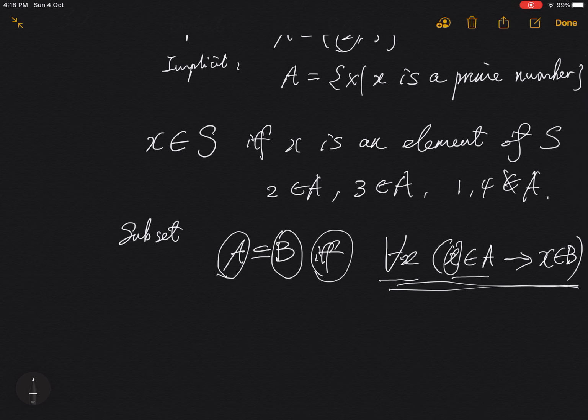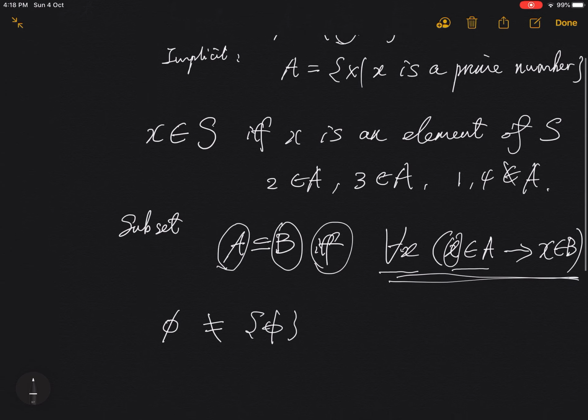Also, for the empty set, we need to note an empty set or null set is not equal to the set of empty set. Okay, that's a different thing.